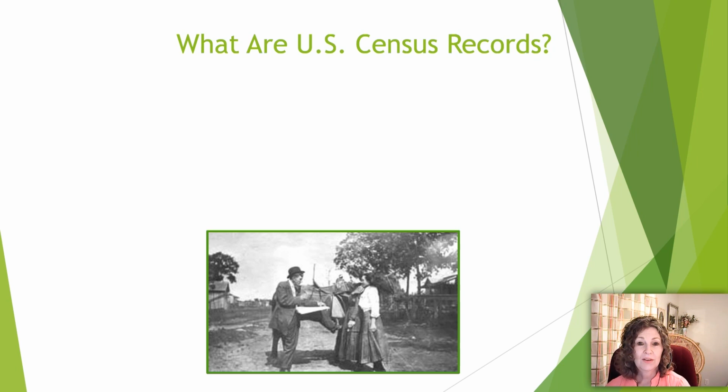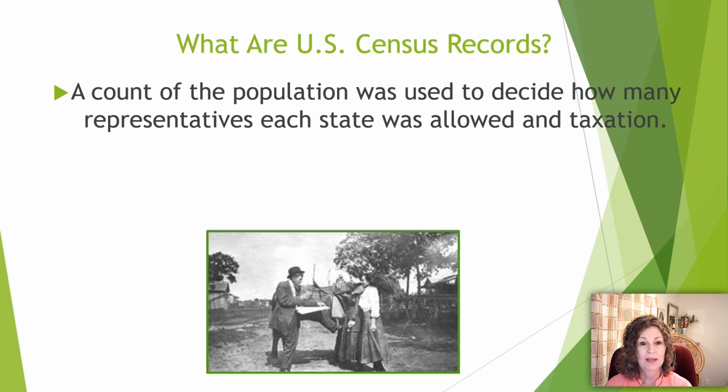First of all, though, we really need to talk about the census. What are the United States Census records and how did they come to be? Well, a count of the population was used to decide how many representatives each state was allowed, and taxation. And so, of course, the new United States government needed money.